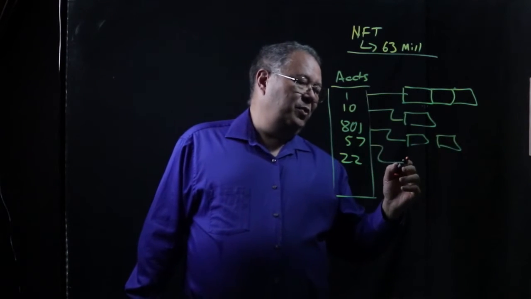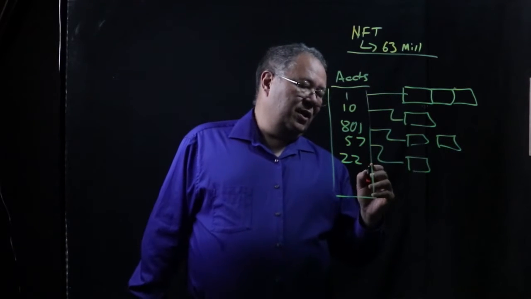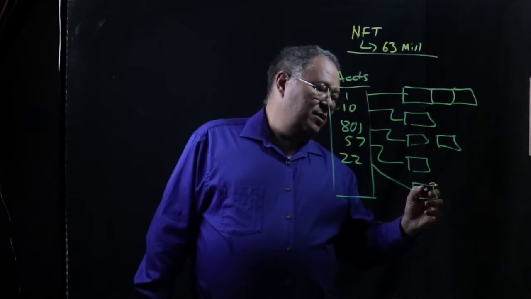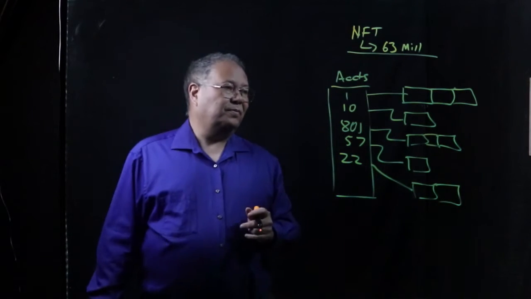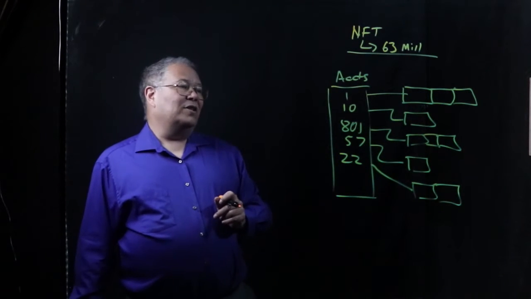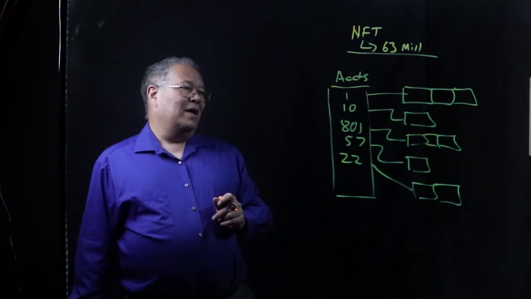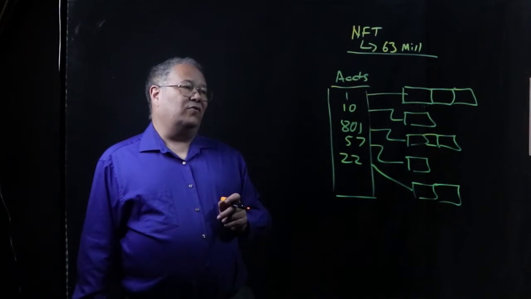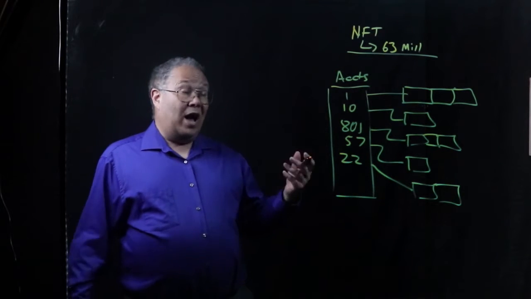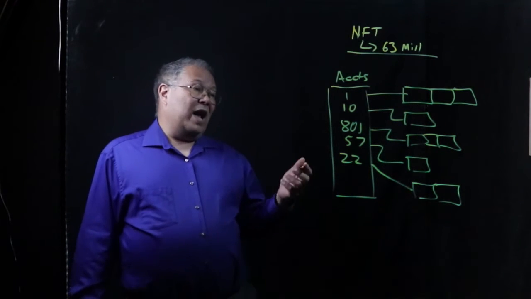So we'll build our little lists of tokens, and we'll do it this way. And these are the non-fungible tokens. I'm actually going to just give them letters. These are not like ERC20 contract tokens that are fungible, that's just a count of how many do I have. These are actual values.